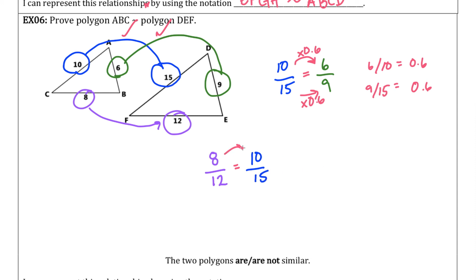So 8 to 10. So 10 divided by 8 is 1.25. Okay, and 15 divided by 12. Oops. Yeah, 15 over 12 is 1.25.